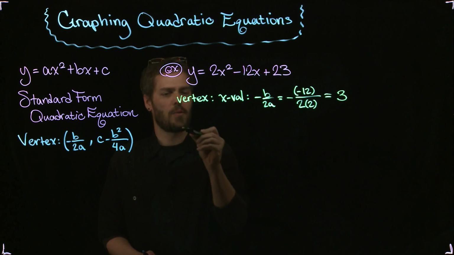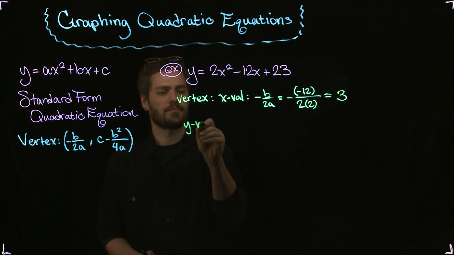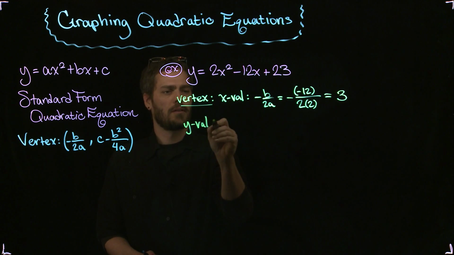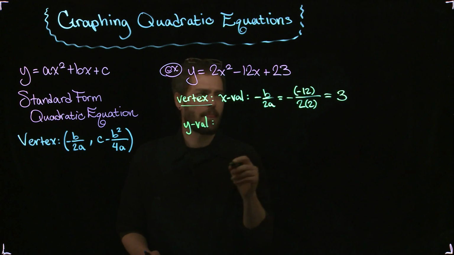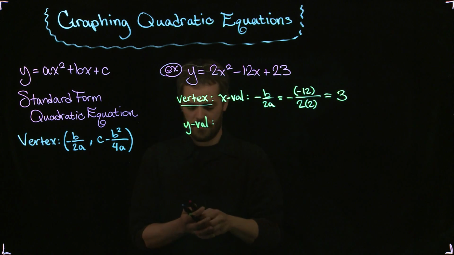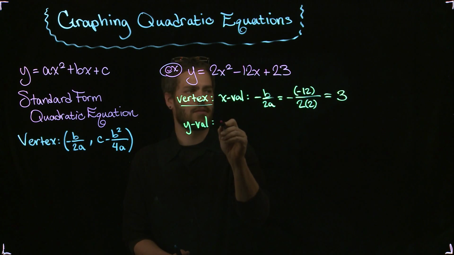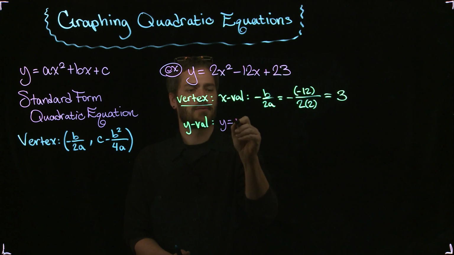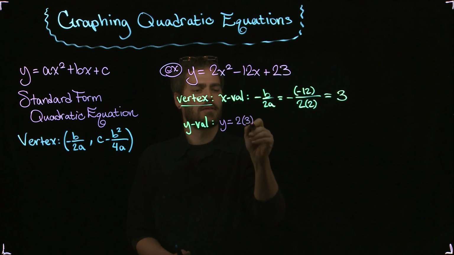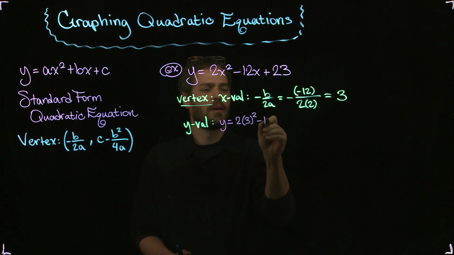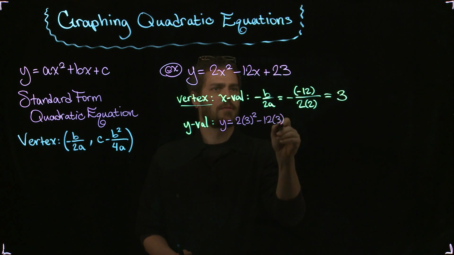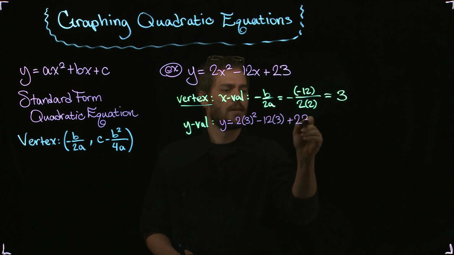Now typically to find the y value of the vertex, what we do is plug that value into the original equation. So I'm just going to plug the 3 in there. y equals 2 times 3 squared minus 12 times 3 plus 23.